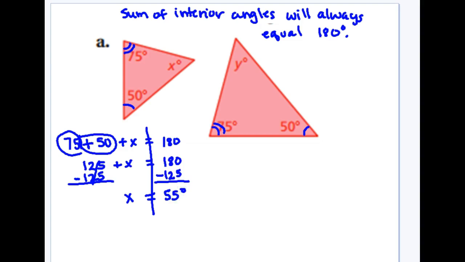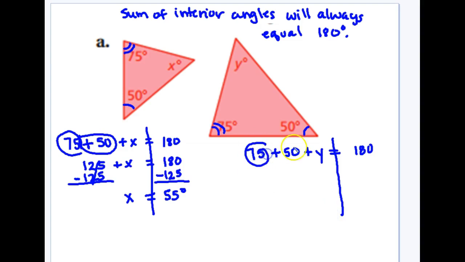So let's check it, because we can do that same thing here. If x is equal to 55, then the theory says that y is also going to be 55. So we're going to do it again. 75 plus 50 plus y this time is still going to equal 180 degrees.